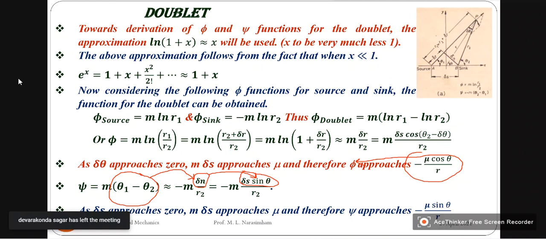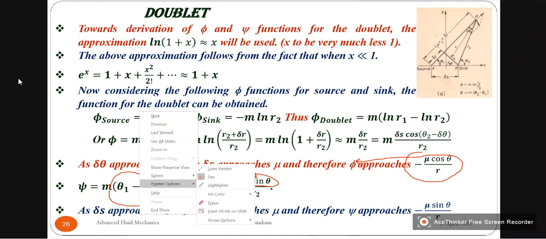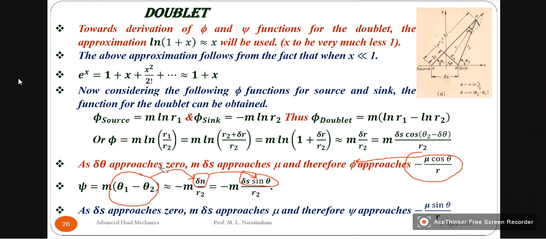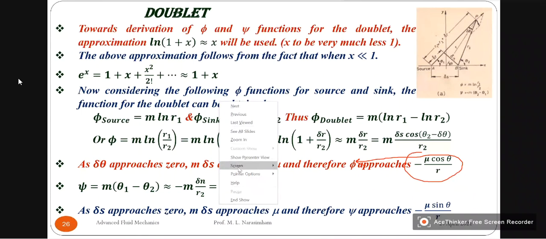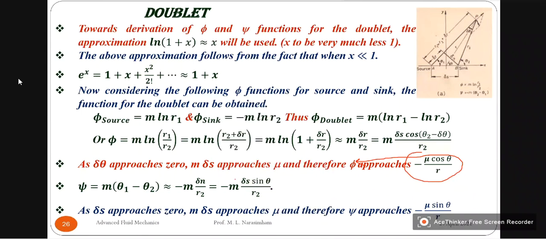Now again recalling, this is nothing but again mu.